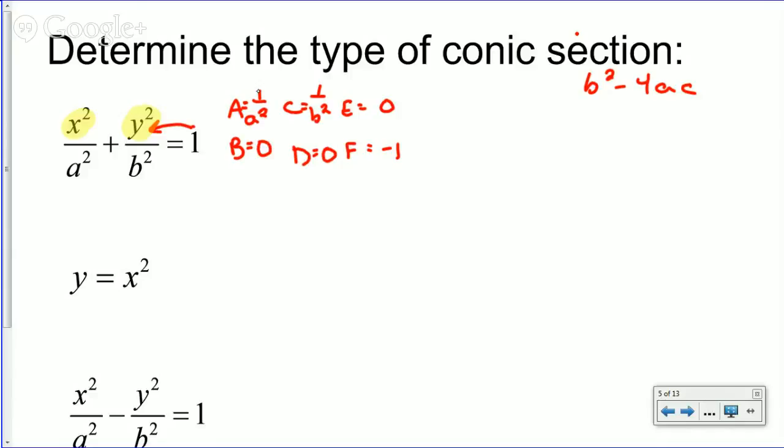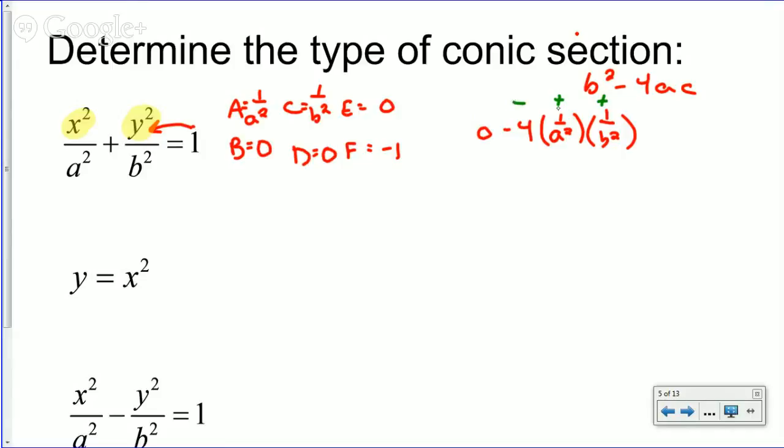So then if I put it into the discriminant, I've got b squared, which is 0, minus 4a, which is 1 over a squared, and c, which is 1 over b squared. Now we've got to think about what kind of values I will get here. Well, anything squared has got to be positive. So this is a positive, this is a positive, and this is a negative 4.